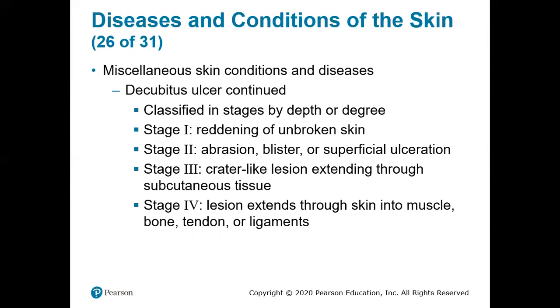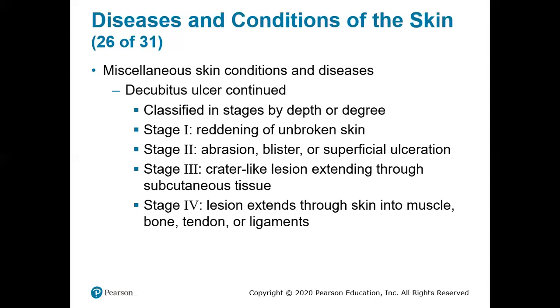Decubitus ulcers are classified in stages by the depth or degree. Stage 1 is a reddening of unbroken skin. Stage 2, an abrasion is present with a blister or superficial ulceration. By stage 3, a crater-like lesion is extending through subcutaneous tissue.